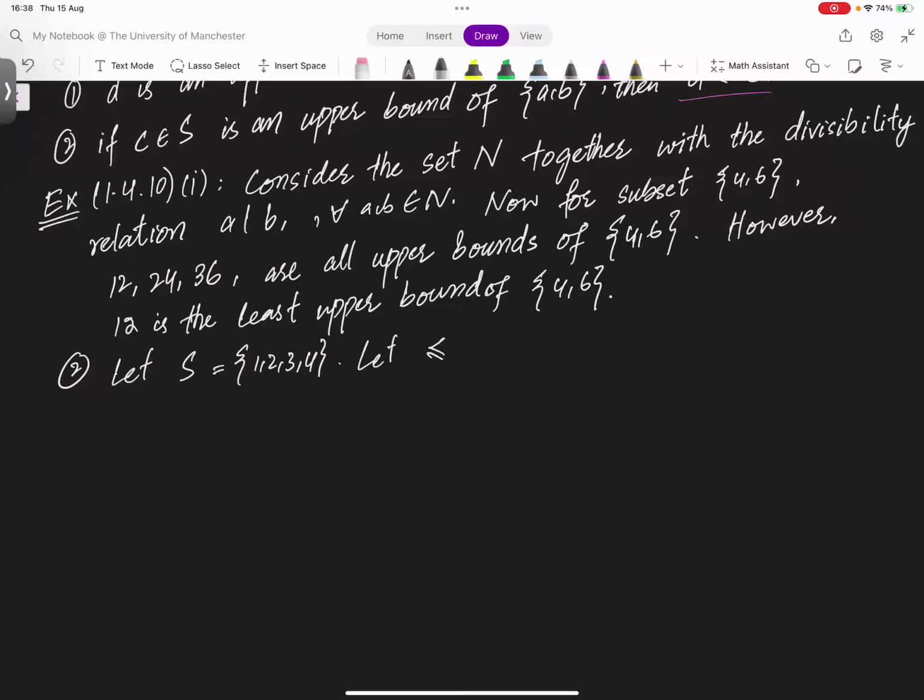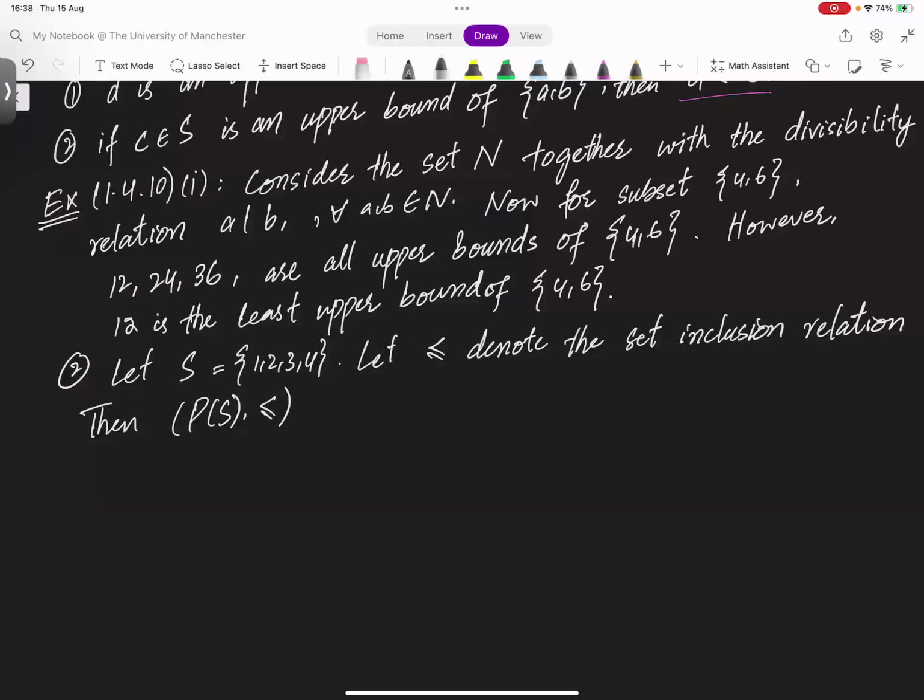The symbol denotes the set inclusion relation. Then the power set of S with this inclusion relation is a partially ordered set.